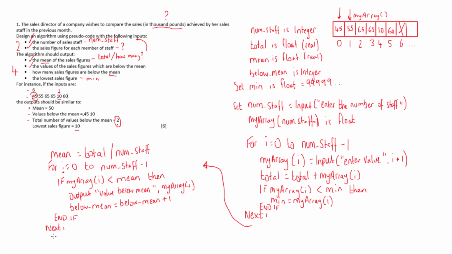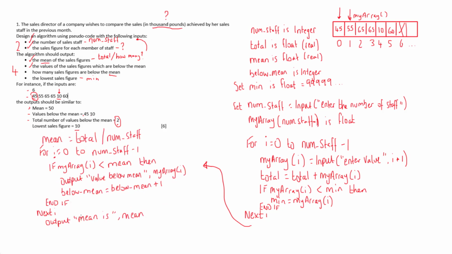So all I would do is I would say output mean is, comma mean. I'm going to run out of space, so I'm just going to shift this up. And then I've got, so that's my mean. My values below the mean have already been outputted up here.